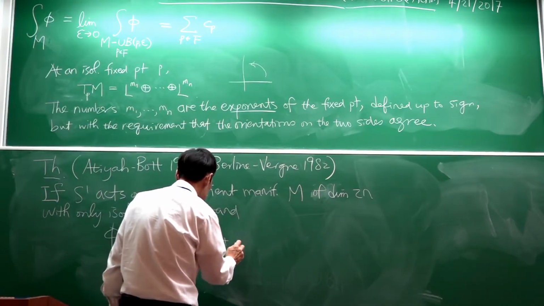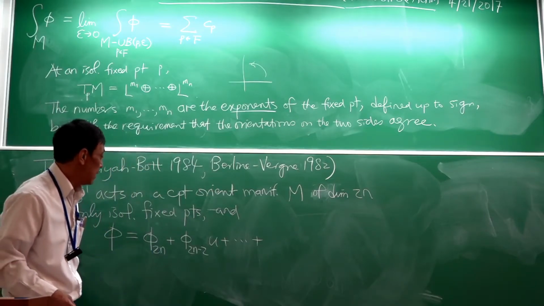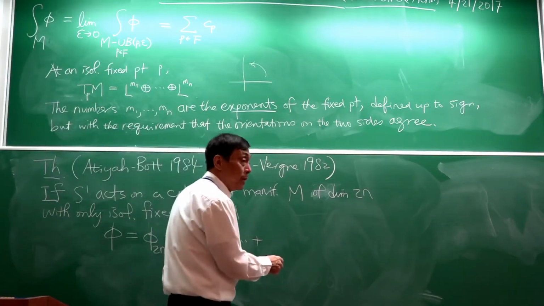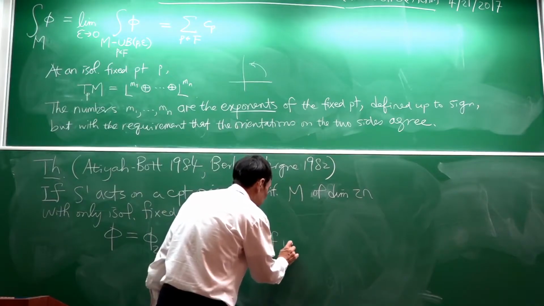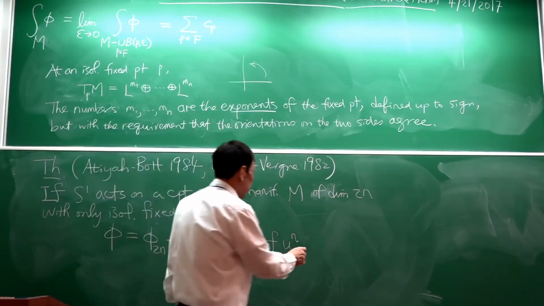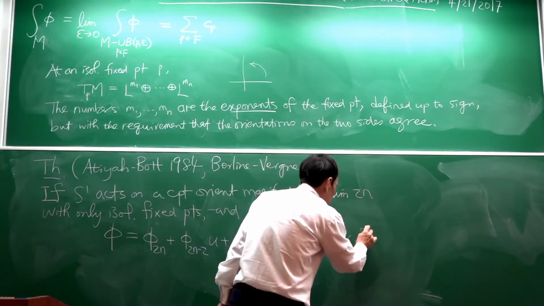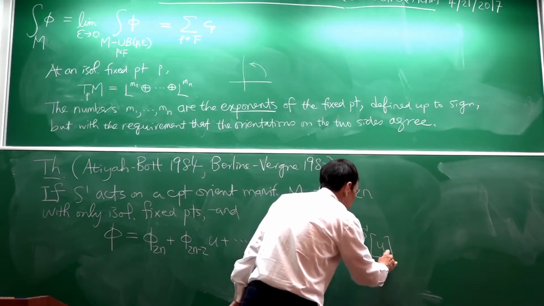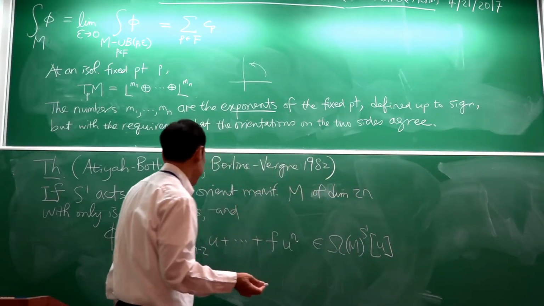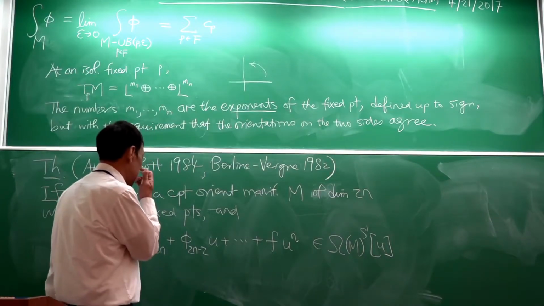So it looks like this. And then the last term will be some function times u^n. So this is an equivariant form of degree 2n.